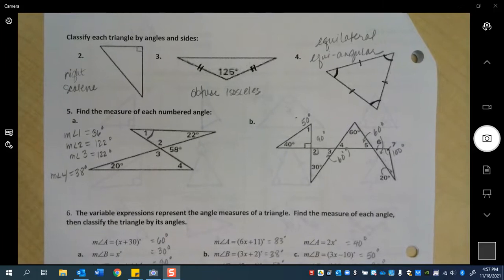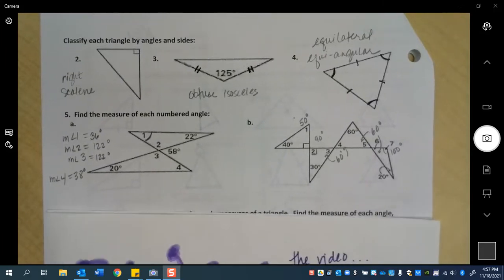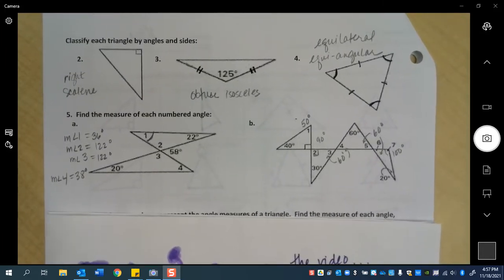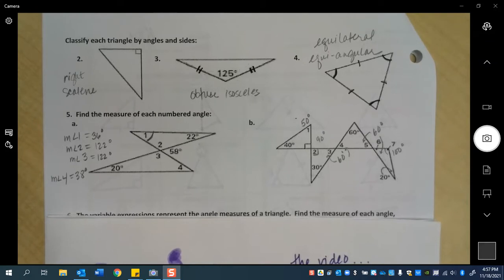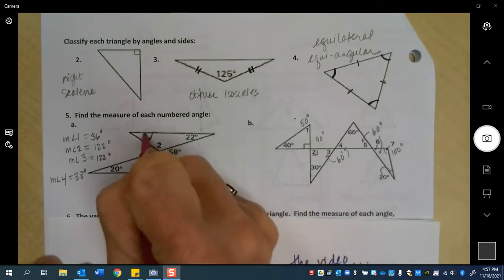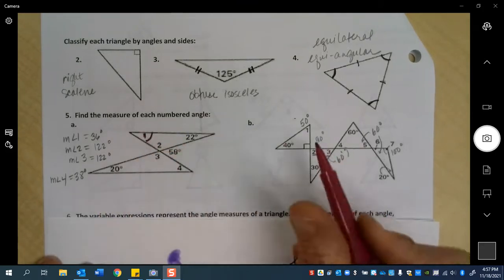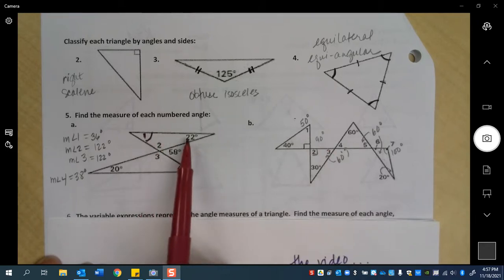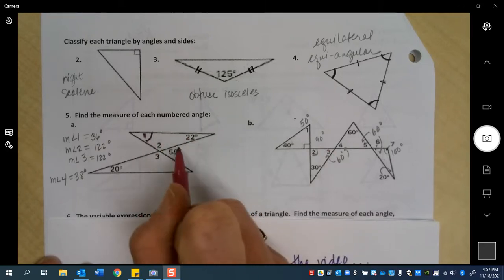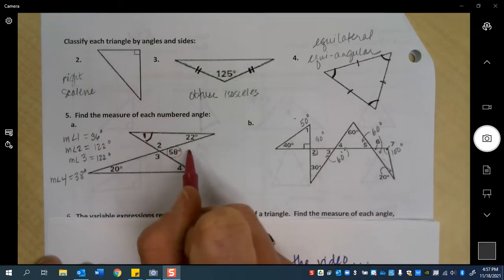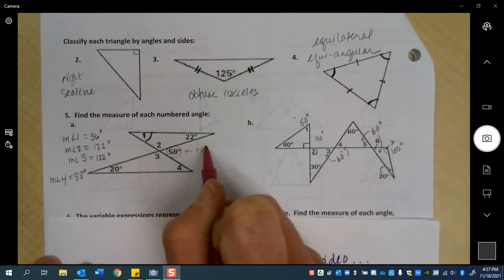All right, for this next one, when we talk about find the measures of each numbered angle, for me, I'm going to start here and recognize that this angle measure 1 plus 22 is going to be equal to my 58-degree exterior angle.